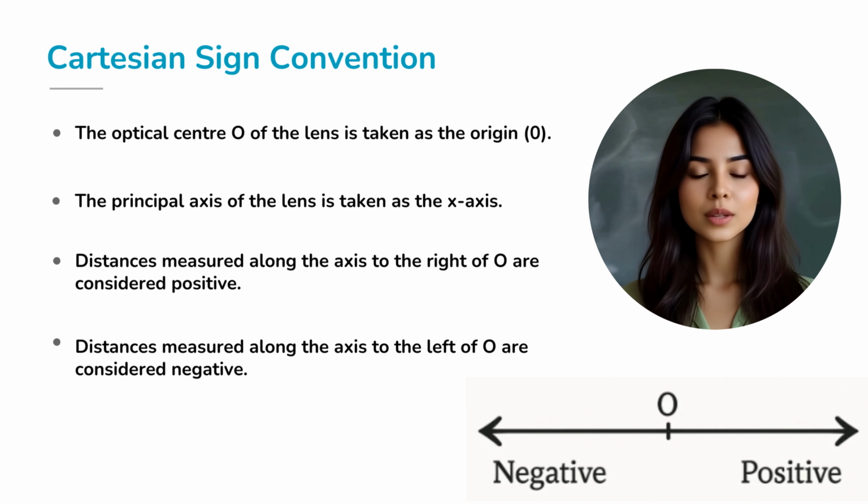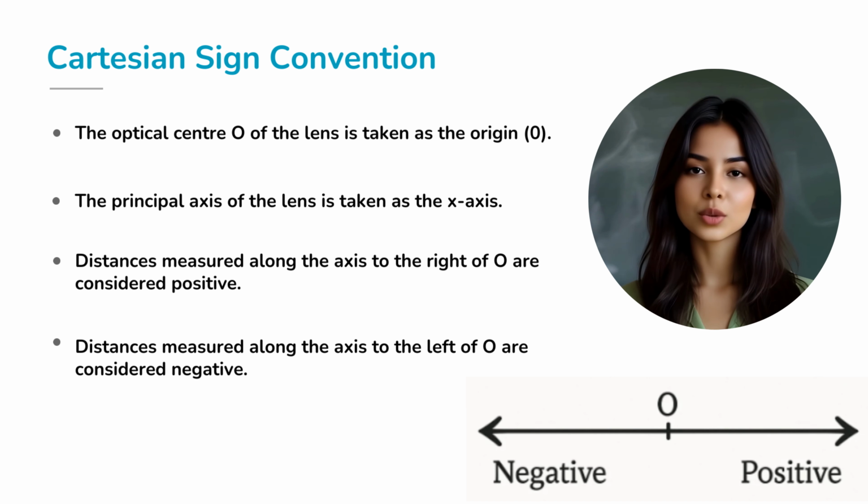Now here's the rule, distances measured to the right of O are taken as positive. Think of it like walking forward into the future, positive progress. Distances to the left of O are negative, like walking backwards, which most of us don't enjoy unless we are trying to show off dance moves. This simple rule saves us from total chaos in lens calculations.